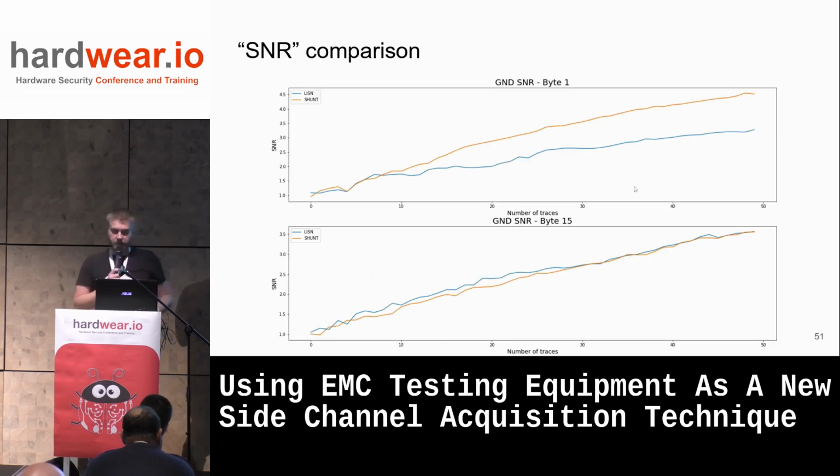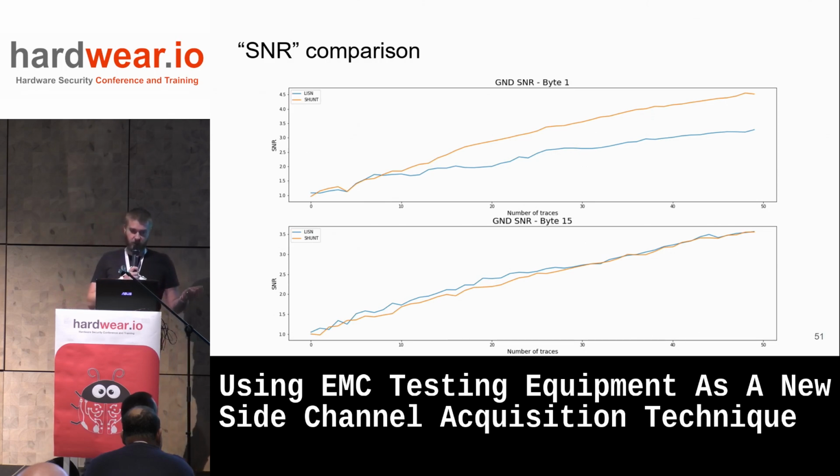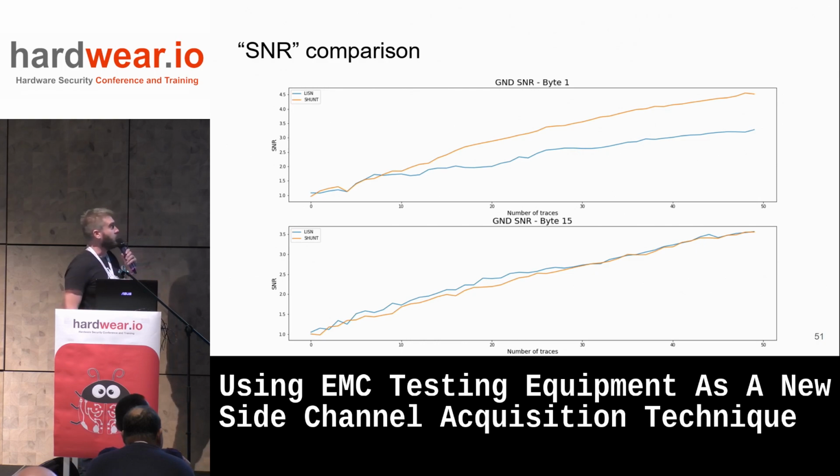And to compare this, I did all those measurements of the 50 million traces times the LISN times the resistors. So my oscilloscope was working quite hard. To compare, you have the LISN in blue and the shunt in orange.